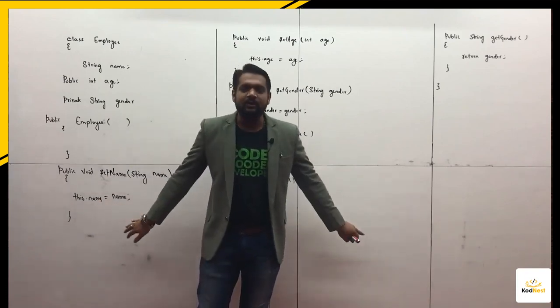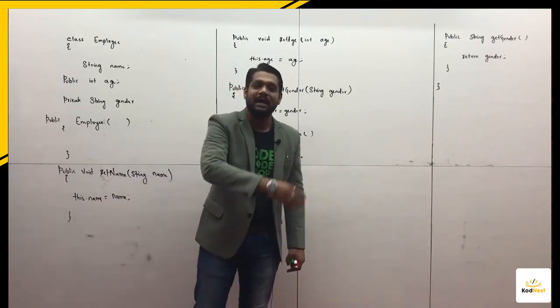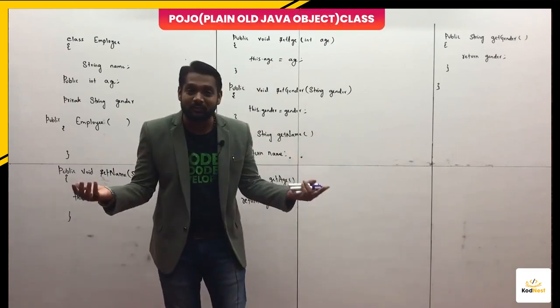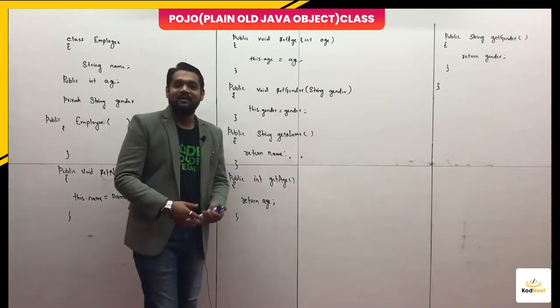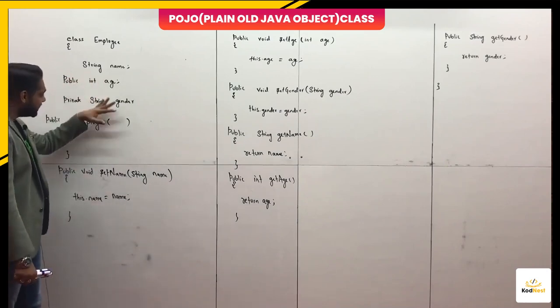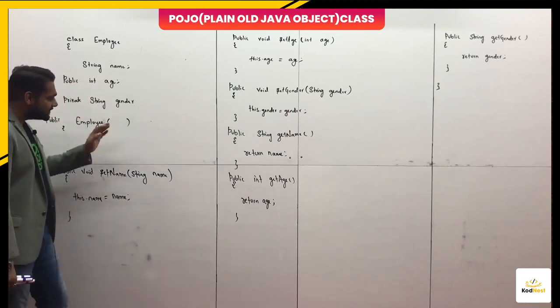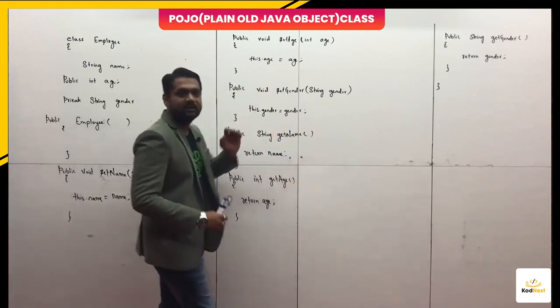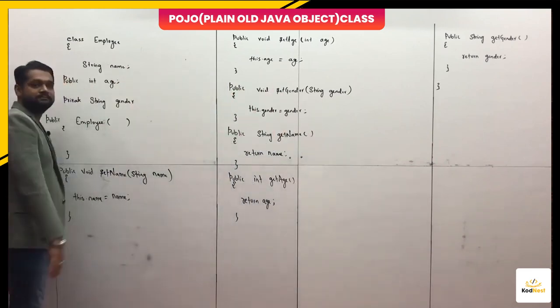Whatever you are seeing here, this only is a POJO class, plain old Java object class. A POJO class is a class which has some variables and some setters and getters to those variables.